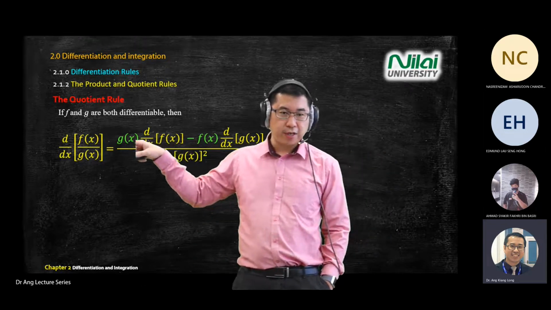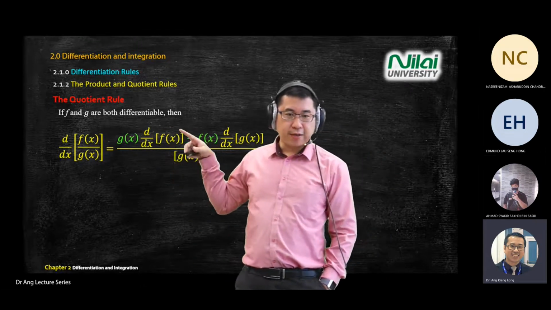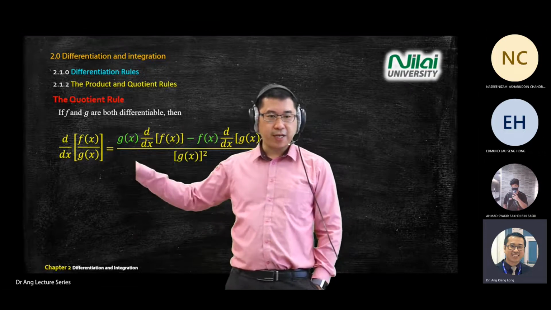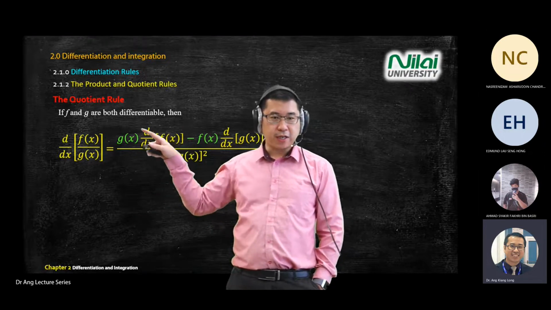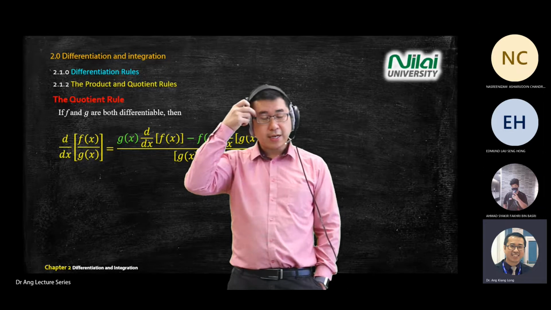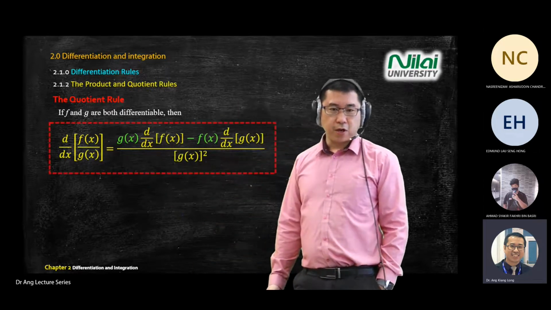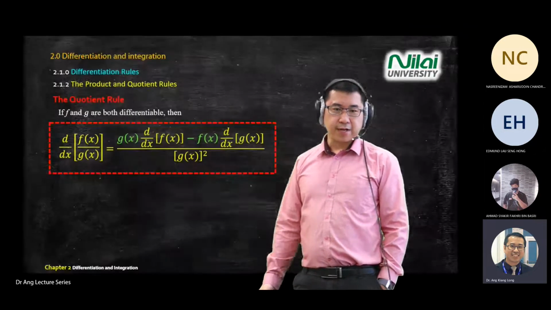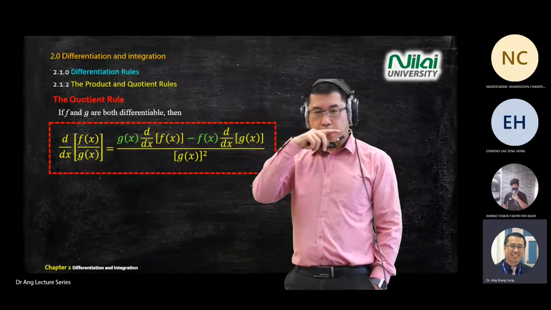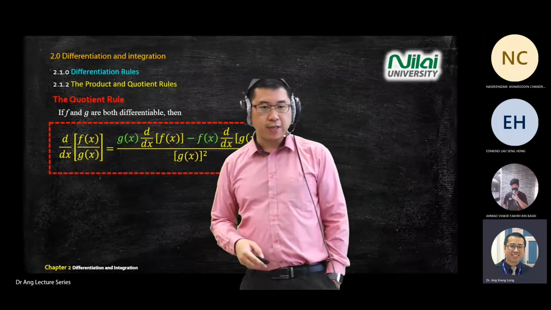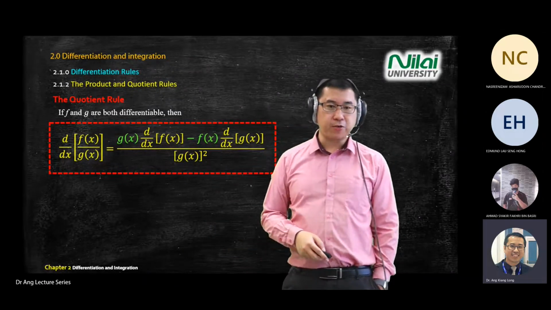You just substitute into this whole equation according to the question, if you need division or the quotient rule. So this one works for differentiation. I think you learned this one before. So we just recall all the basic information today.